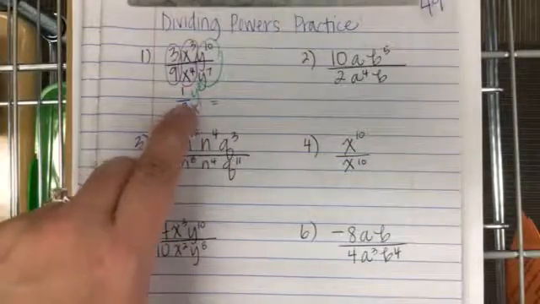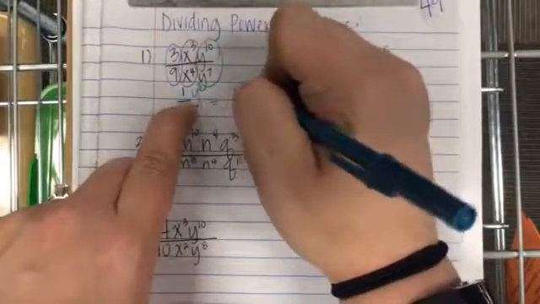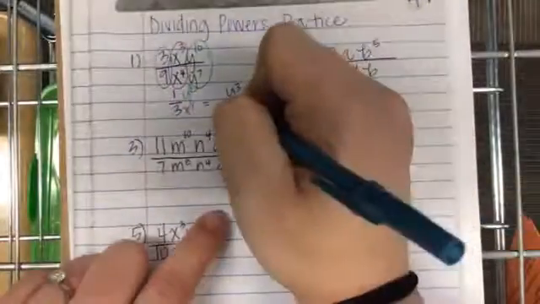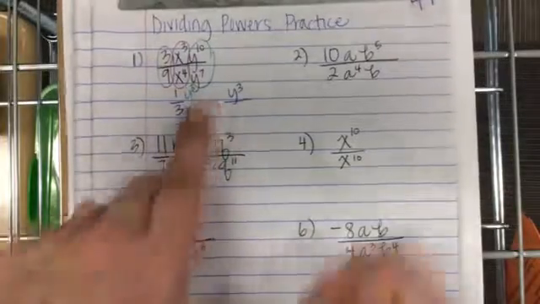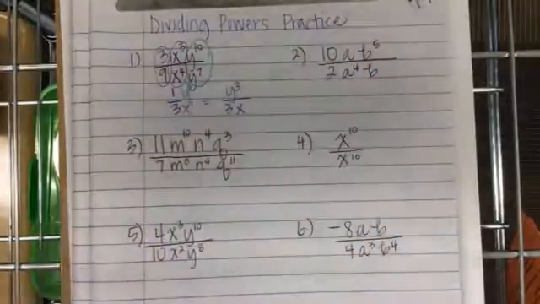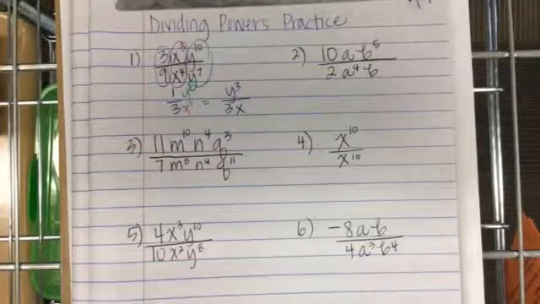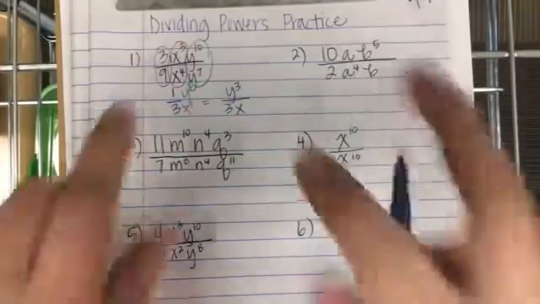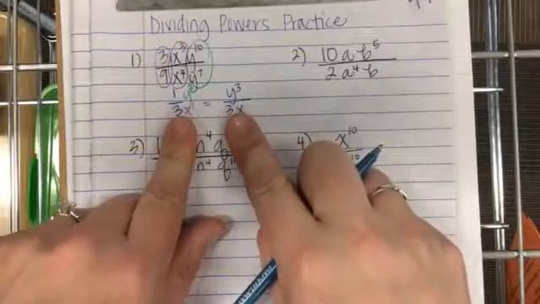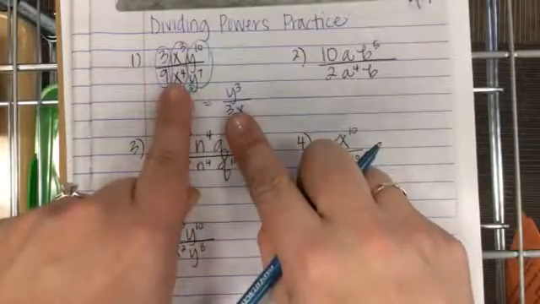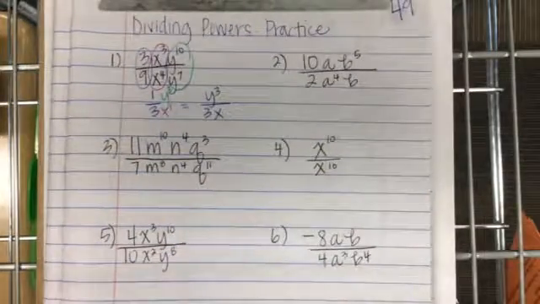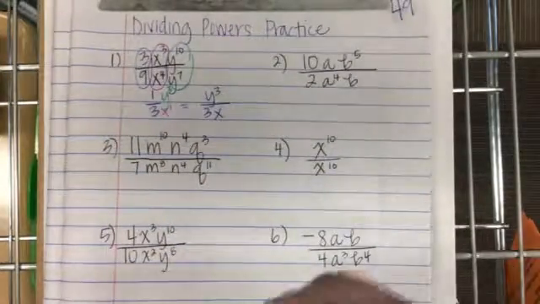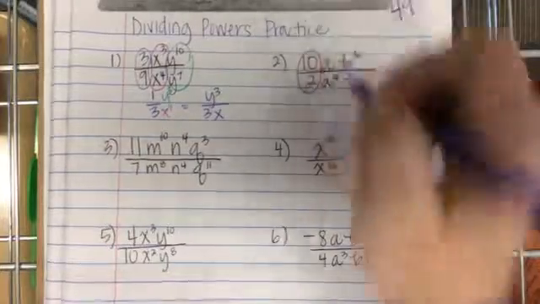So that one coefficient of 1 might disappear to be y to the 3rd over, and in the denominator, the exponent 1 would disappear, so it would just be 3x. But are they both the same? Yeah. They just have coefficients and exponents of 1 listed. So let's try the next one.